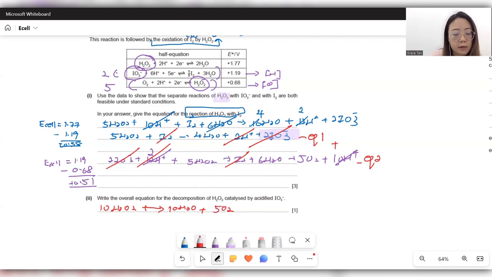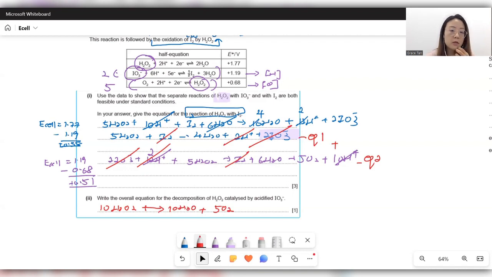Correct? Now, can we check whether this equation is even balanced? 20 hydrogen on the left, 20 hydrogen on the right, 20 oxygen on the left, 10 here, 10 there. Okay, balanced. So this is the overall equation for the decomposition of hydrogen peroxide catalyzed by the acidified iodate.